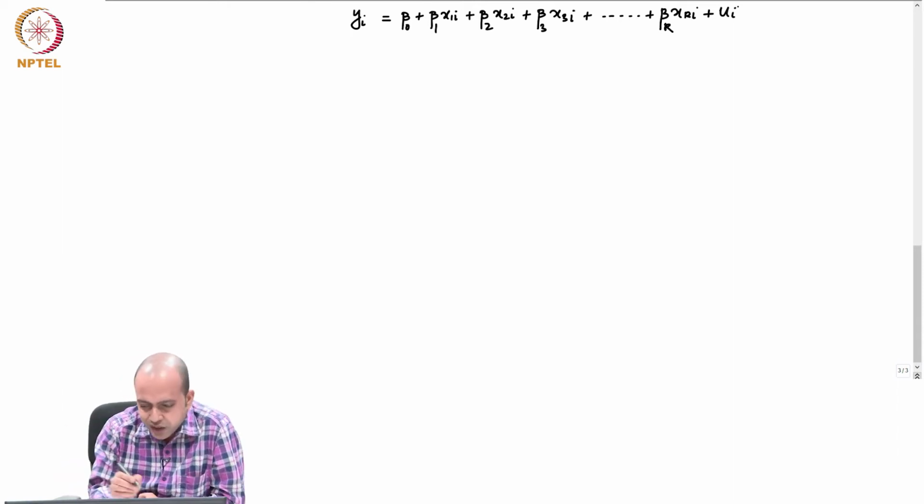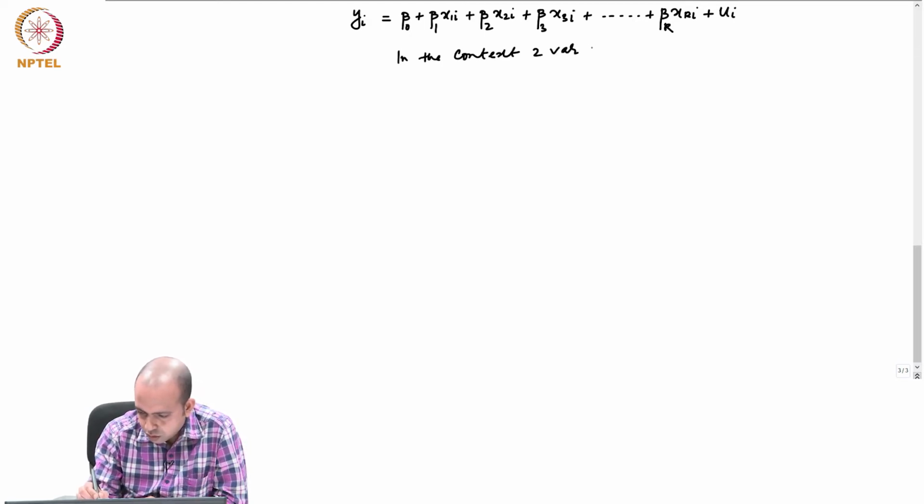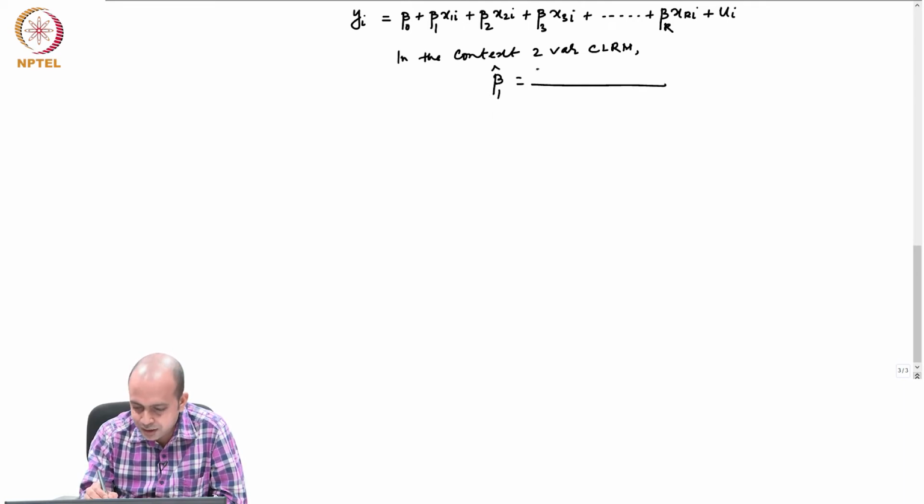Now, in the context of two variable CLRM, how did we get the beta 1 hat? You remember? Beta 1 hat we derived as summation (xi minus x bar) into (yi minus y bar) divided by summation (xi minus x bar) whole square, i running from 1 to n.